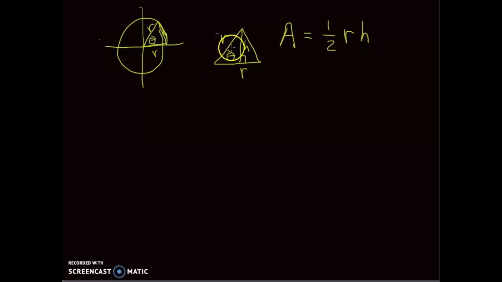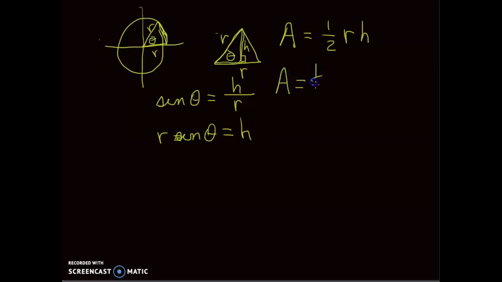Let's take a look at this right triangle. What is the sine of theta? From that right triangle, it is the opposite, h, over the hypotenuse, r. Multiply both sides by r, then r sine theta equals h. So instead of h, I'm going to put in 1/2 r, and then h is r sine theta.